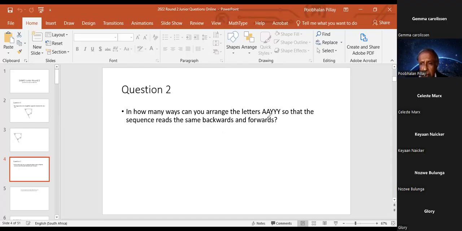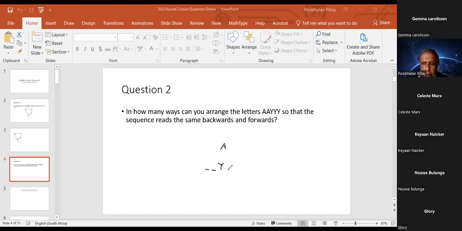And the middle one can only be Y, it can't be A, because there's only one A left, and you need to read it the same backwards and forwards. So the middle one will have to be Y.